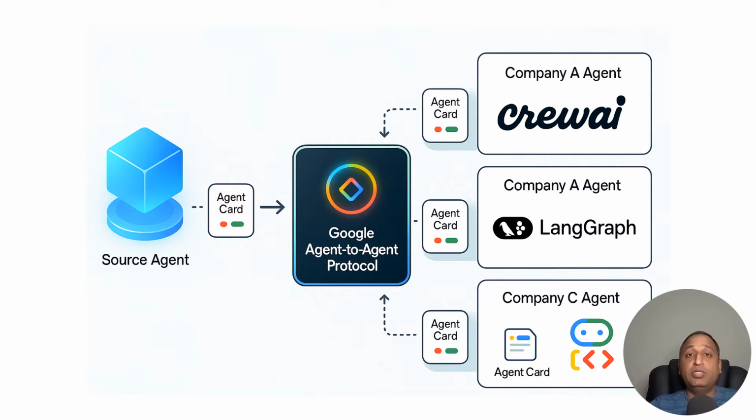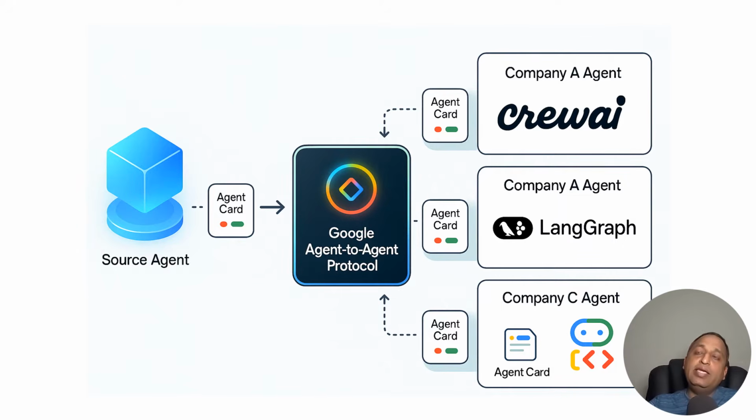Before I walk through the agents in detail and give you a demo of how it works, let's assume that we have three different agents. One is a CrewAI agent, which might be owned by company A, specialized in something. Then we have a LangGraph agent owned by another company, or maybe the same company A. And we have a company C agent, which is written in, say, Google ADK.